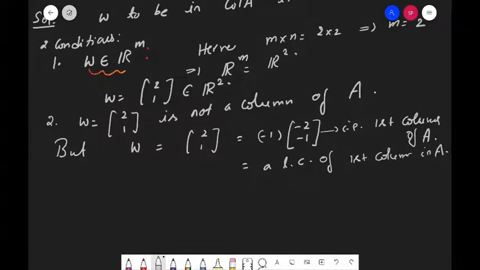If you multiply the first column with minus 1, you will get it. So by conditions 1 and 2, W belongs to column space of the matrix. Like this, we'll check whether a given vector is in col A or not by the first method.